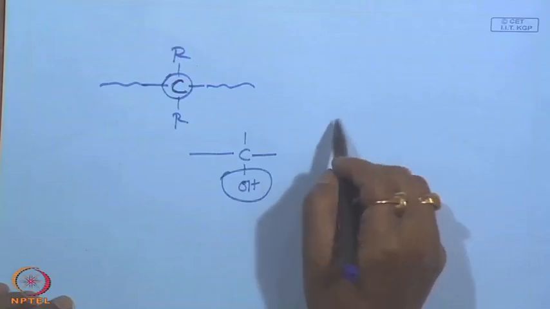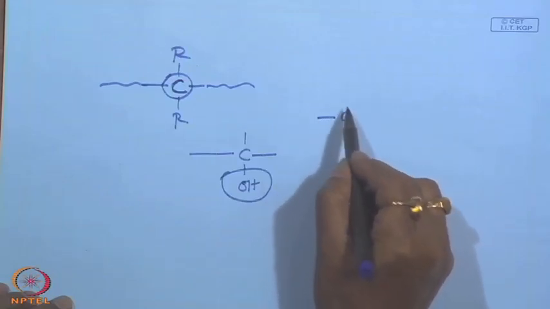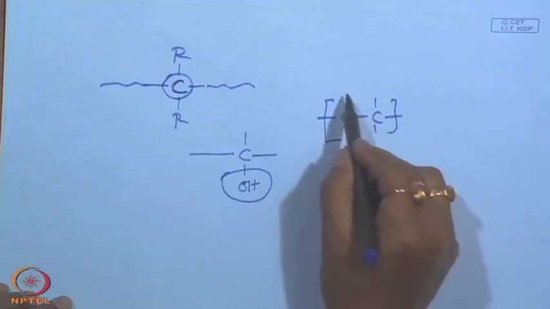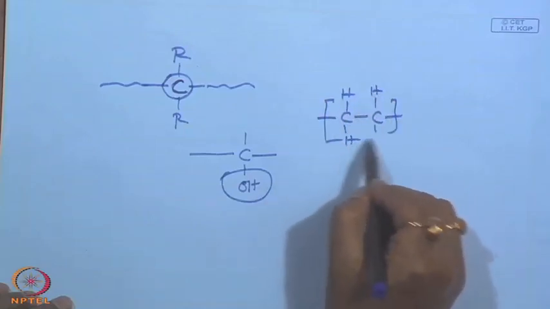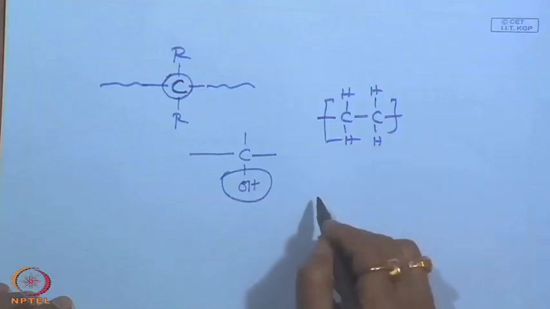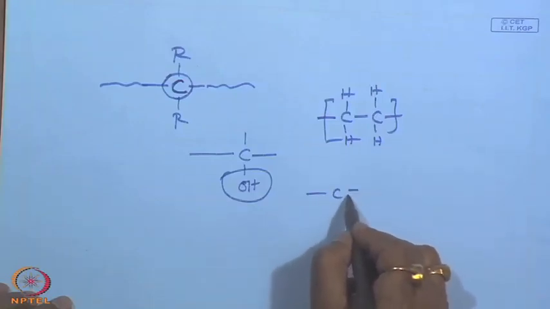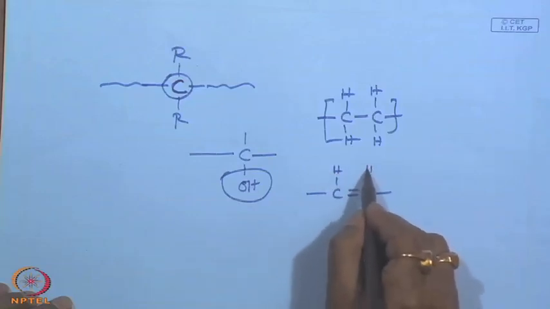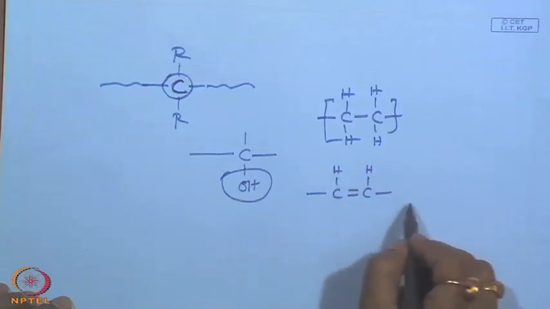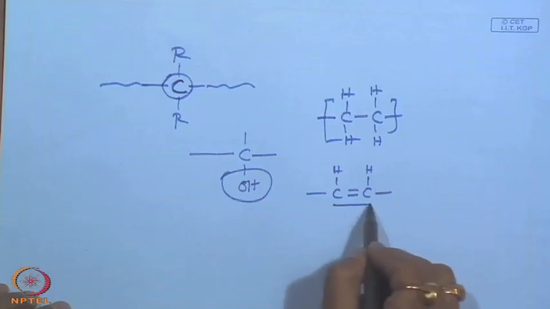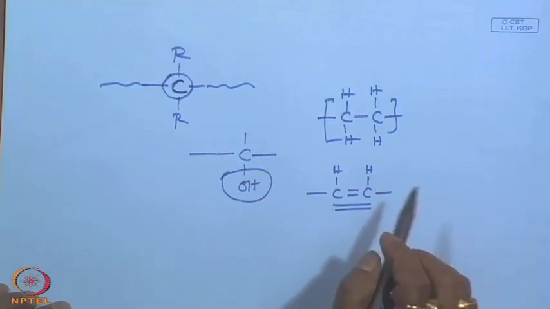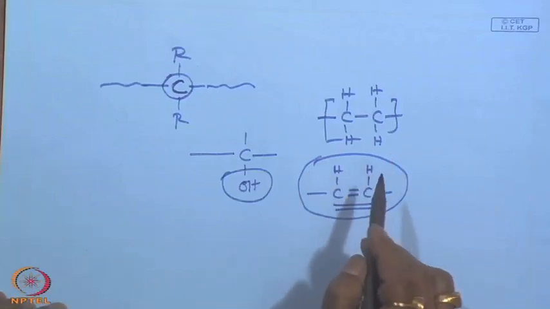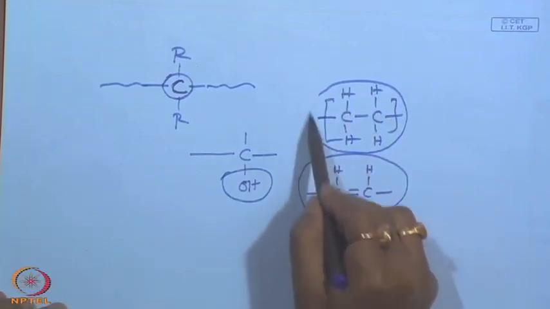That is why polyethylene, having this saturated backbone chain, is not degradable, whereas if a polymer chain contains unsaturated bonds like this, and other groups are there, such a polymer will be degraded faster than polymers having the saturated structure.